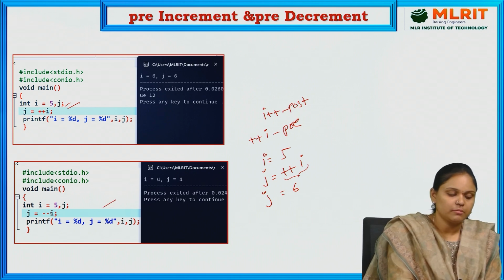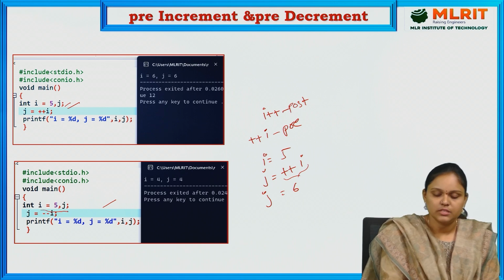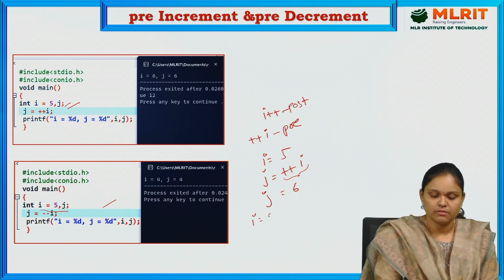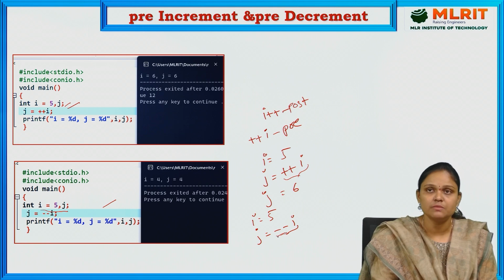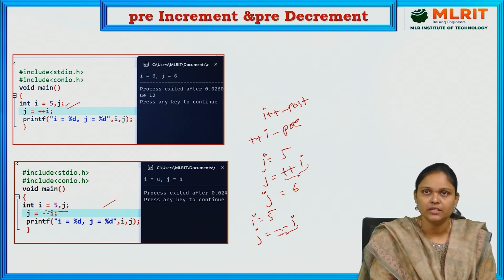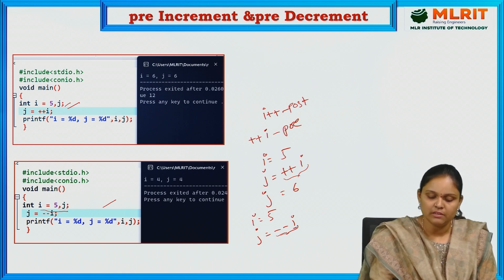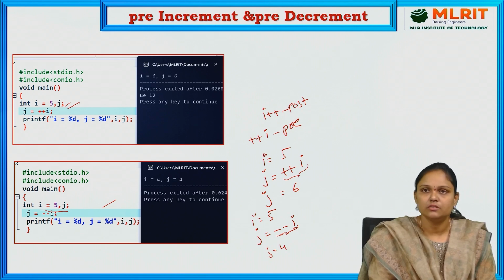Here also the same: i equals 5 and j equals minus minus i. Here we are using a pre-decrement, which means the operation is performed first. So we are decrementing the value of i and then the decremented value we are assigning to j. After decrementing, the i value will be 4, so the 4 value will be assigned to this j variable.